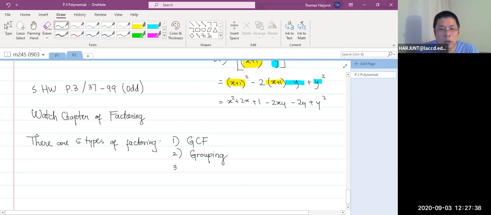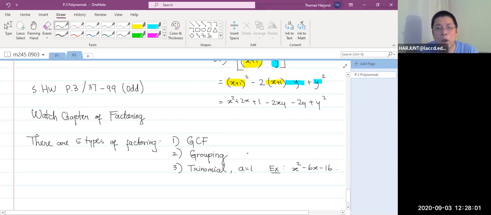The third one, trinomial with leading coefficient 1. So for example, if you need to factor x squared minus 6x minus 16, the leading coefficient is 1.